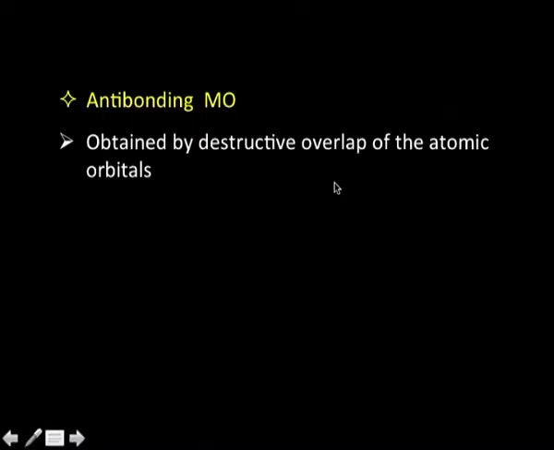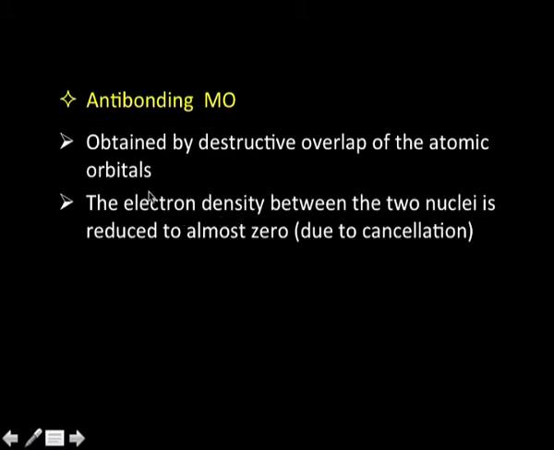On the other hand, the anti-bonding molecular orbitals are obtained by destructive overlap of the atomic orbitals there. And we find that in such cases the electron density between the two nuclei is reduced to almost 0, because the two wave functions which add destructively cancel each other. As a consequence, the electron density happens to be 0. There is a node in that place.